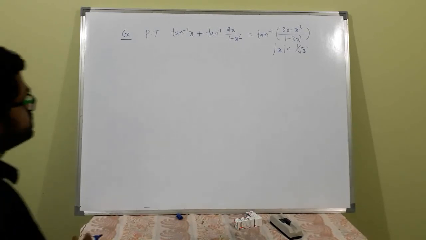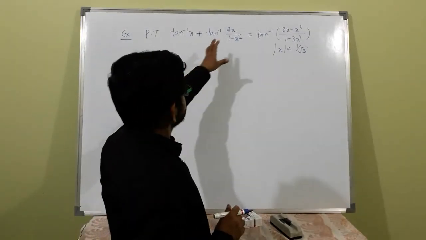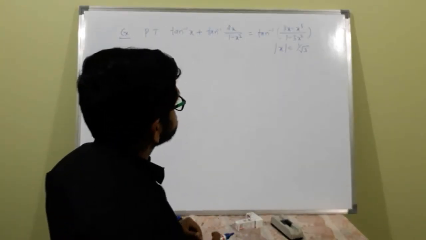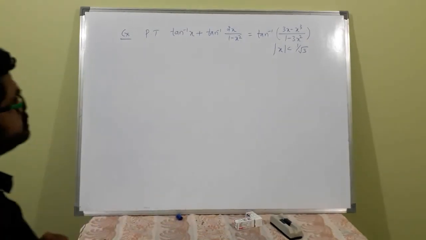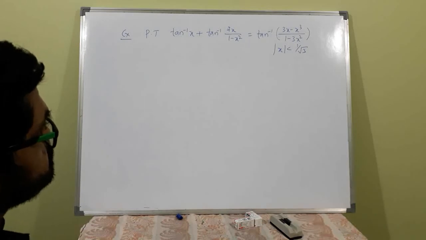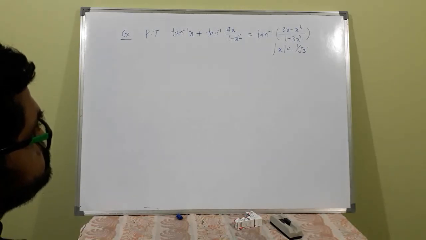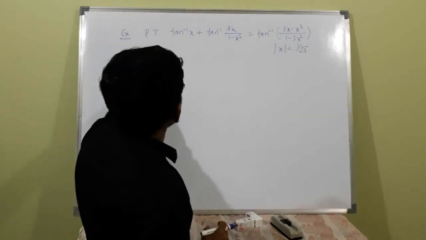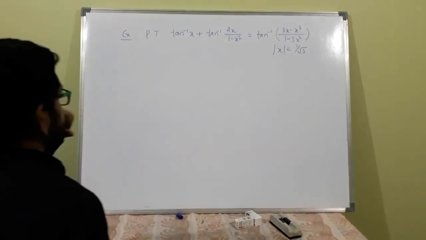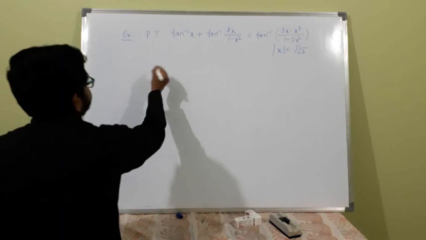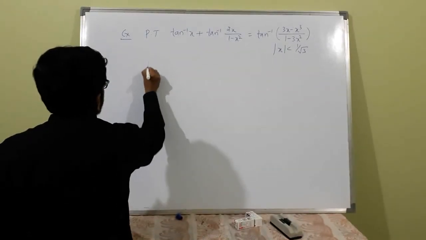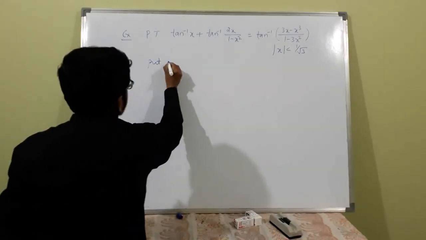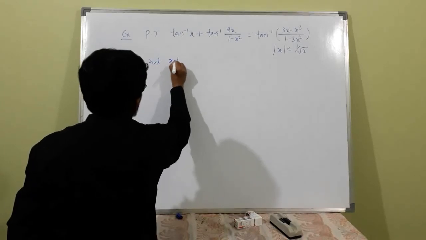Tan inverse x plus tan inverse of 2x by 1 minus x squared is equal to tan inverse of (3x minus x cube) divided by (1 minus 3x squared). Put x is equal to tan theta.